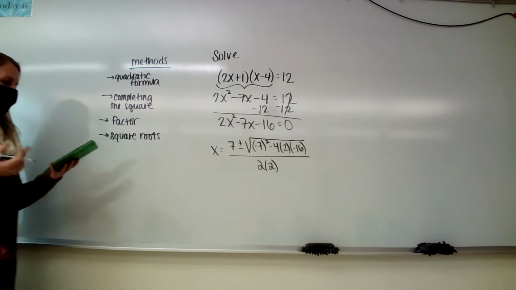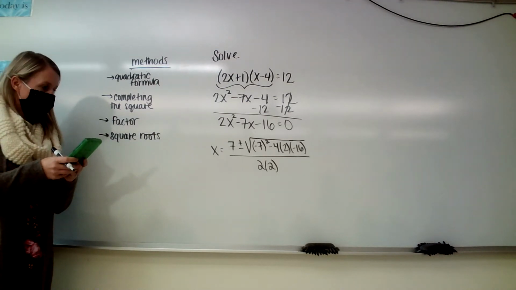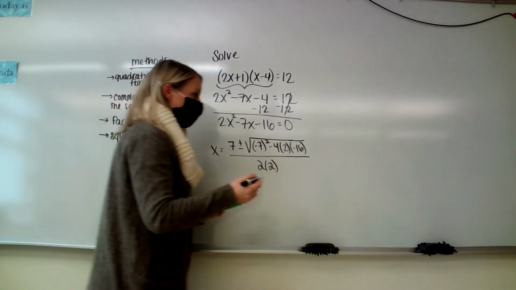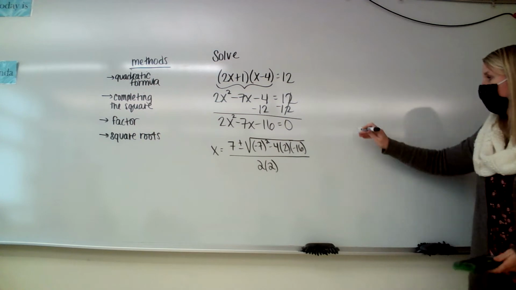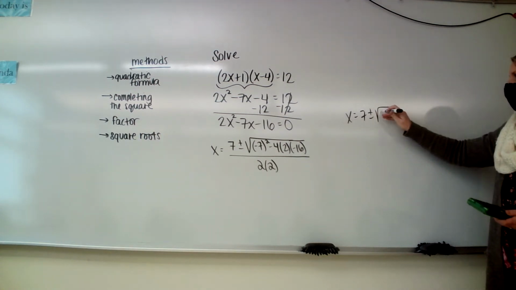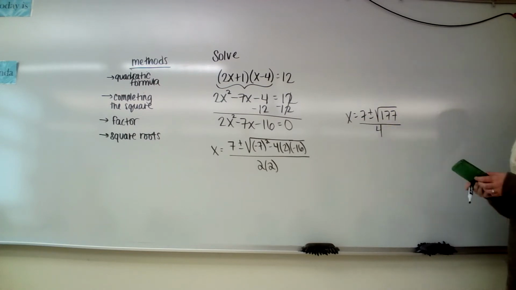I always simplify under my radical, so let's see what I get. 177, okay. So x is going to equal 7 plus or minus the square root of 177 over 4.